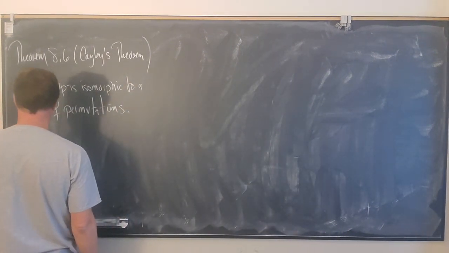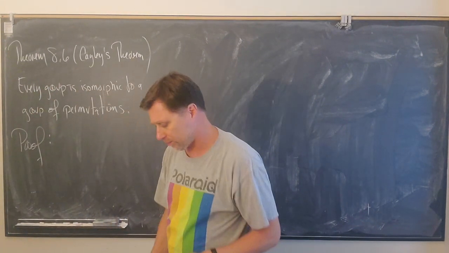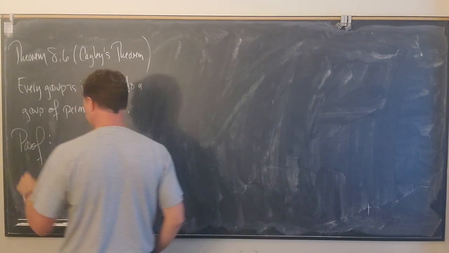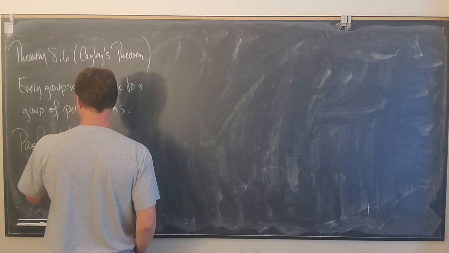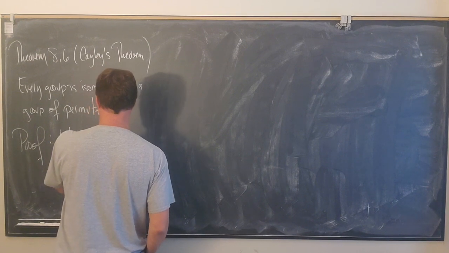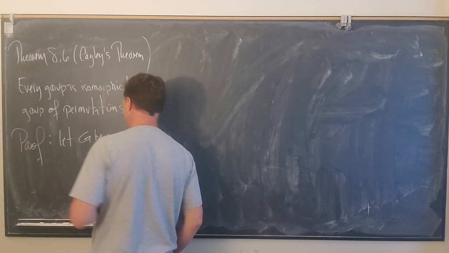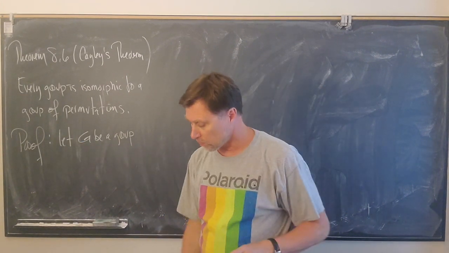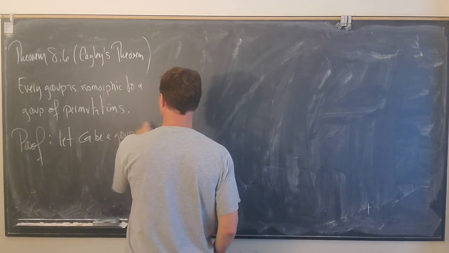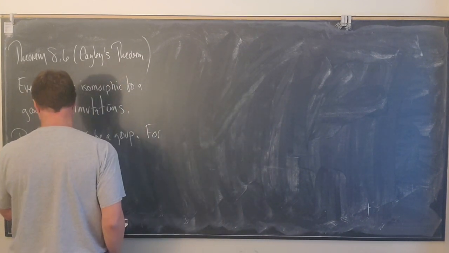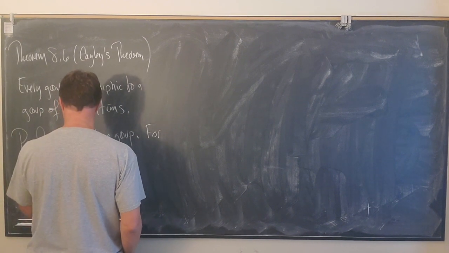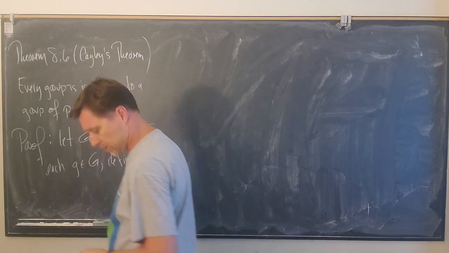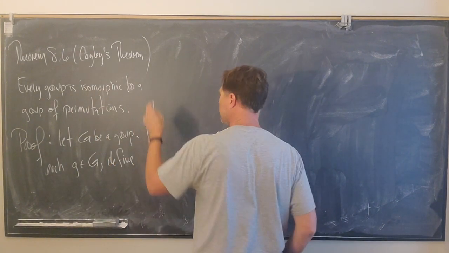The proof is pretty fun, but you've got to pay attention here. There's a little bit of, not trickiness, but you have to follow the notation. So let G be a group. What we're going to do is find a group of permutations to which this capital G is isomorphic. Now, for each little g in capital G, I'm going to use the notation tau sub g.